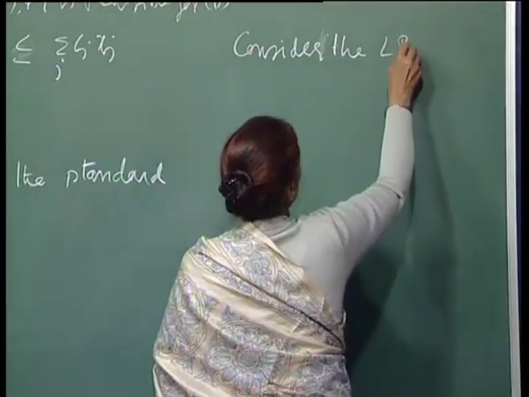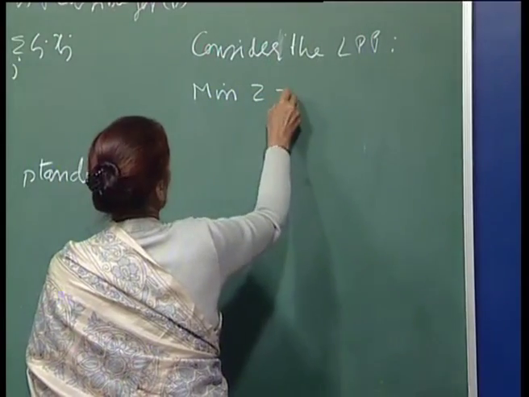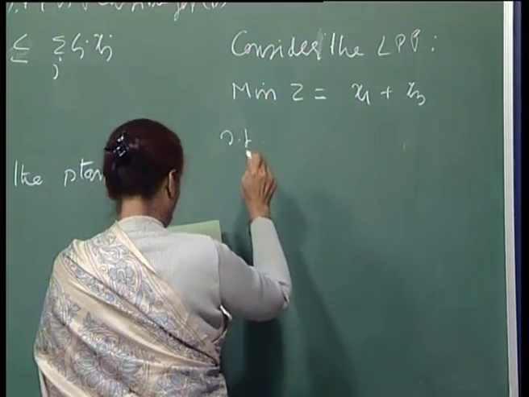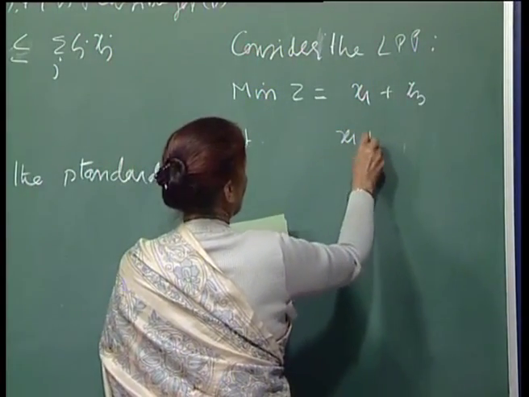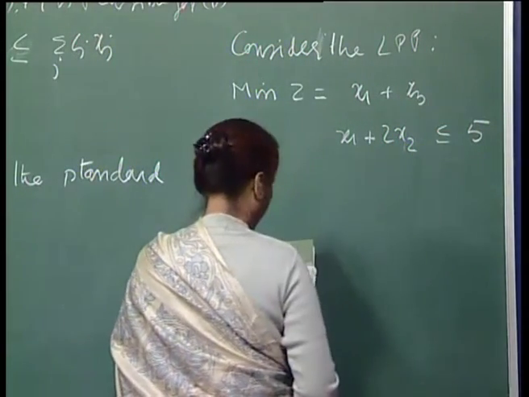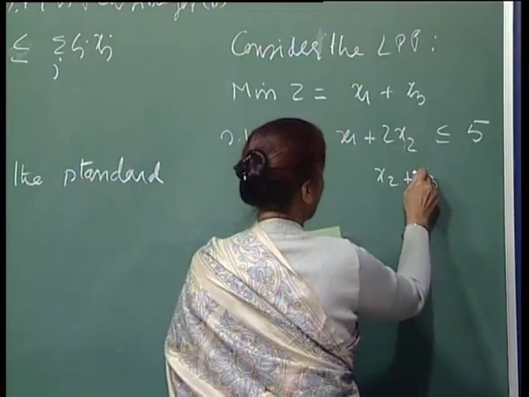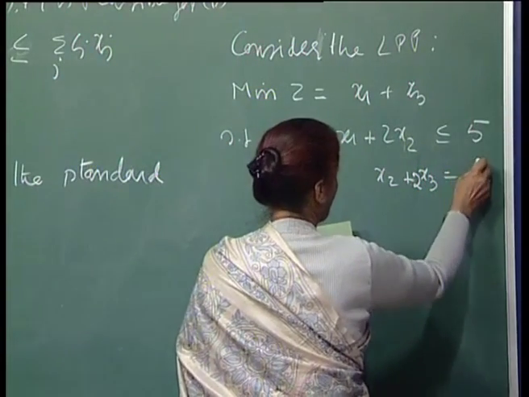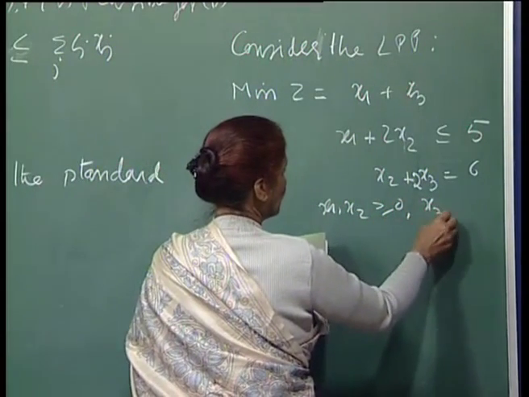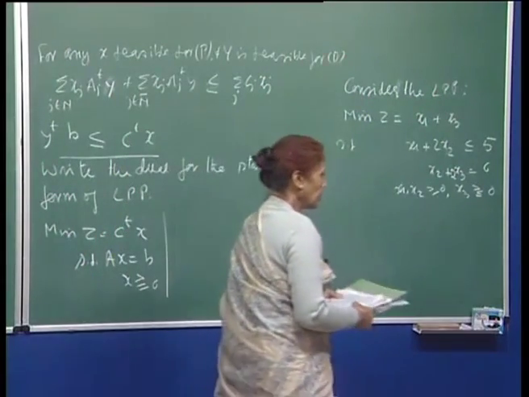Consider the LPP: minimize z equal to x1 plus x3 subject to x1 plus 2x2 less than or equal to 5, then x2 plus 2x3 is equal to 6, x1, x2 greater than or equal to 0, x3 unrestricted. Suppose you have a linear programming problem in this form.